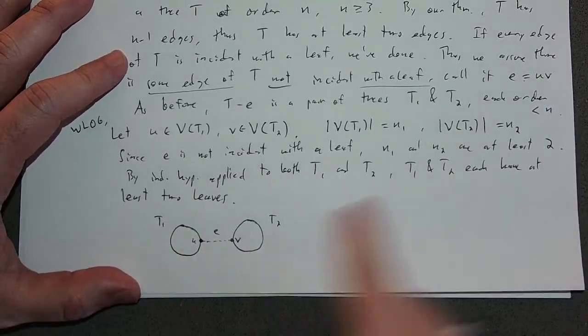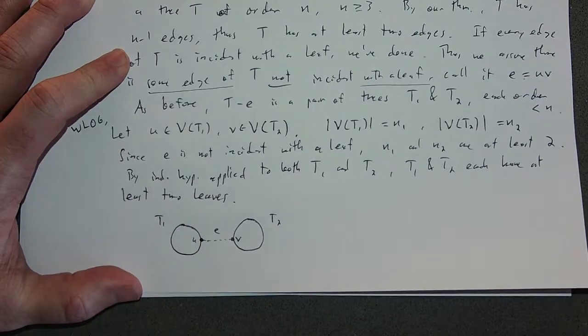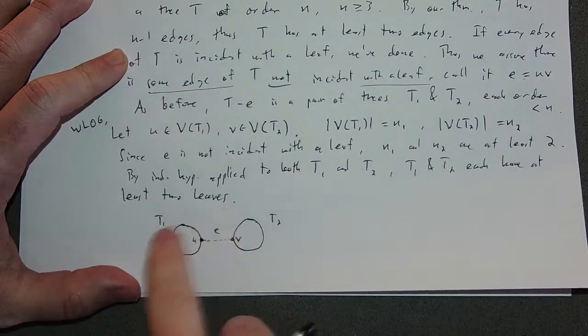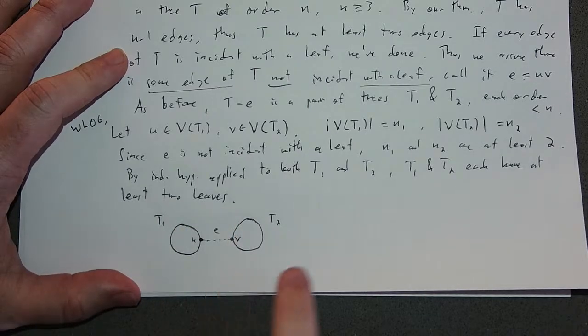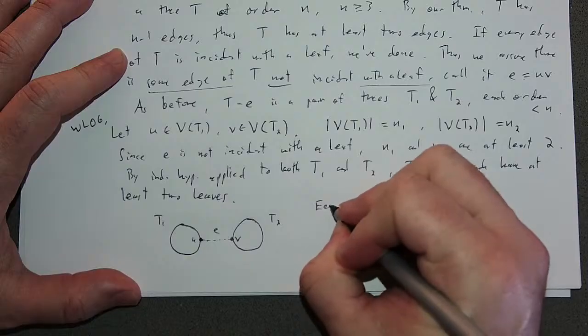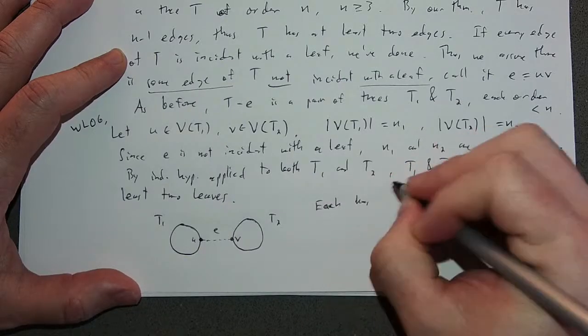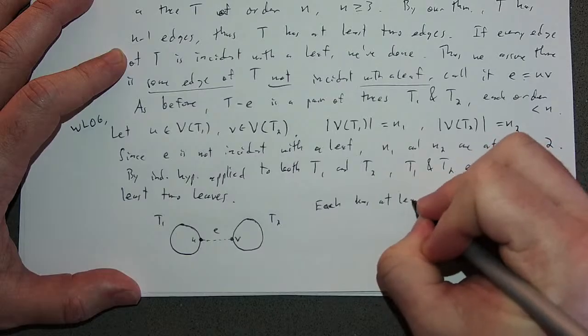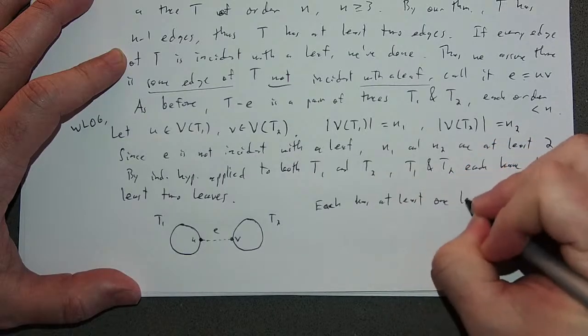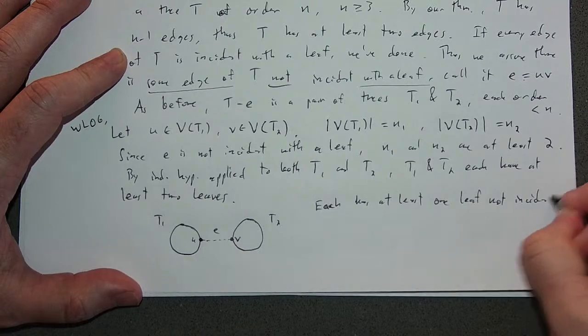Since T1 and T2 each have at least 2 leaves, each of them has at least 1 leaf that is not incident with E.